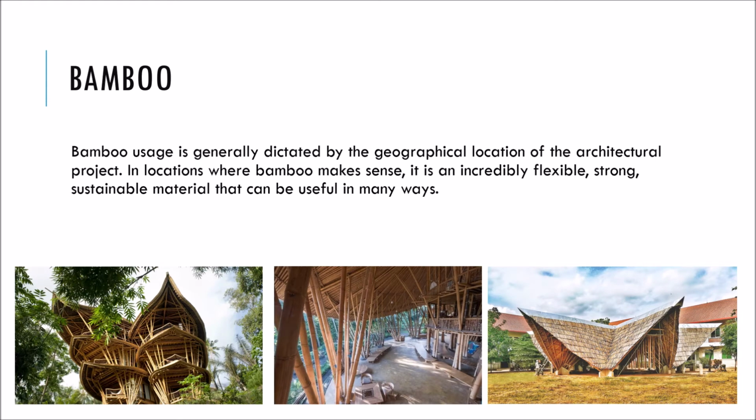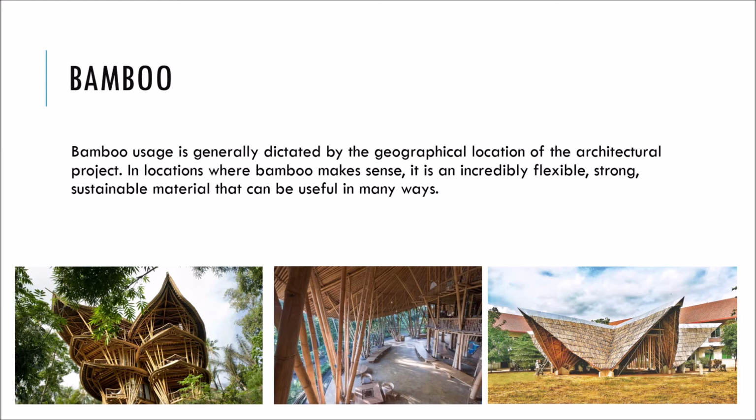Like wood, bamboo is a natural material. Bamboo use is generally dictated by the geographical location of the architectural project. So it is usually used where there are abundant bamboo supplies.